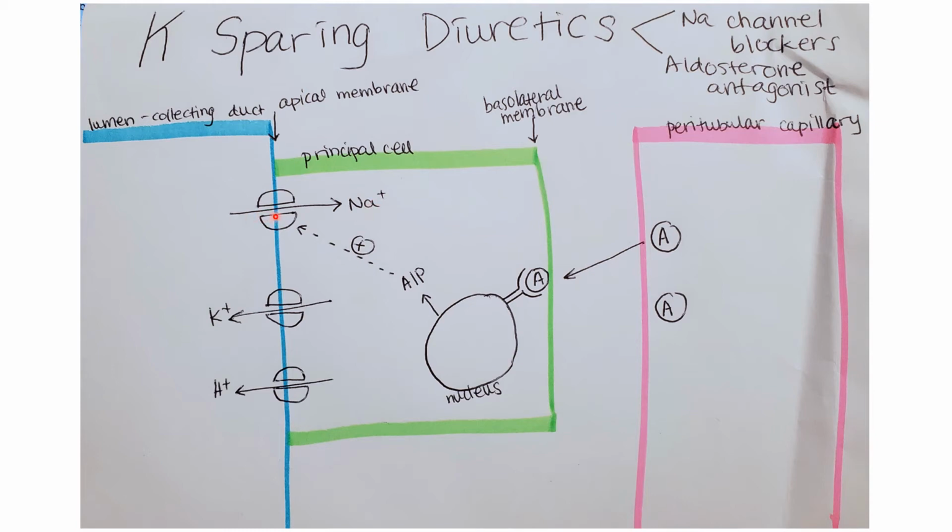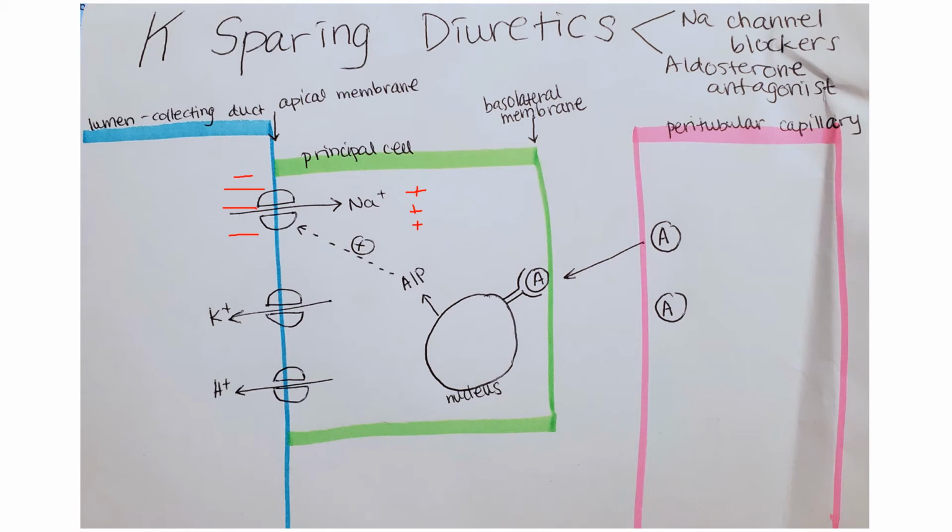So when our sodium is reabsorbed into the cell, it makes the luminal charge more negative, because obviously it's a positive ion, and when it leaves the tubule, it leaves a negative charge here, and it creates a positive charge inside the cell. So this creates something called the transepithelial potential difference.